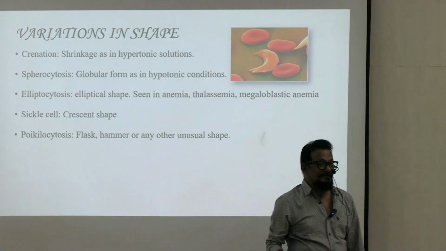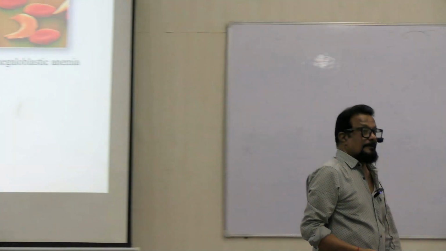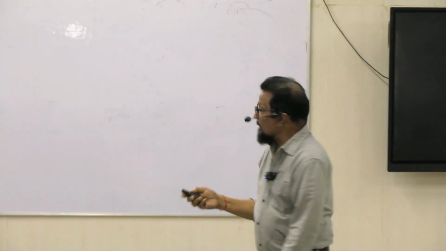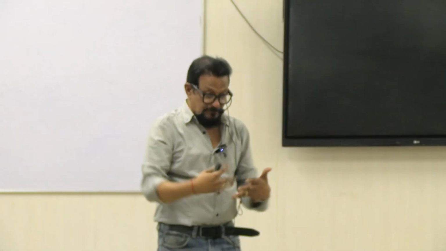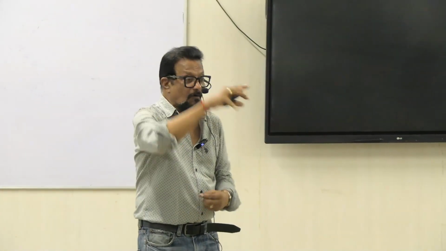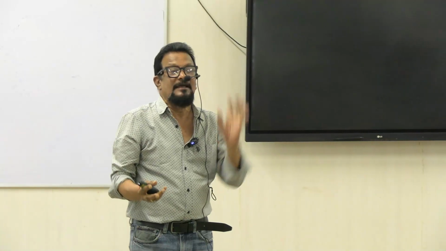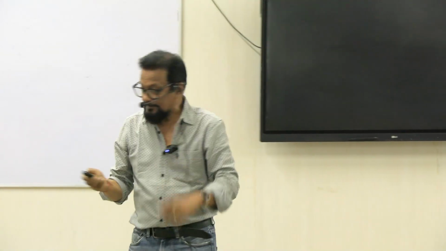It also happens in pernicious anemia, which we will describe later. And poikilocytosis means different shapes: if you study the RBCs, you will get different shapes in such a condition.